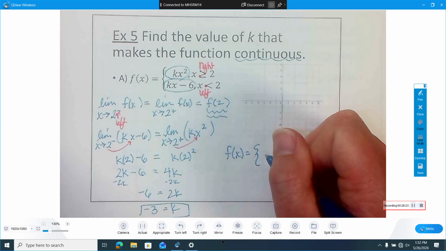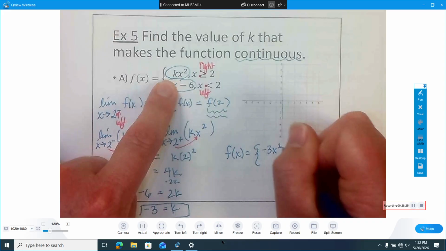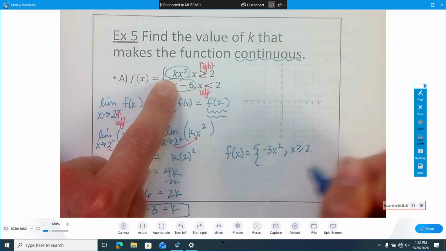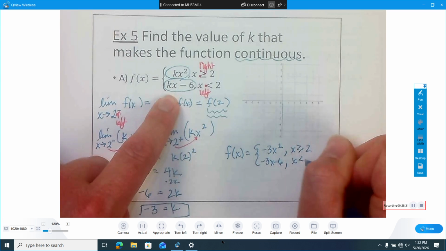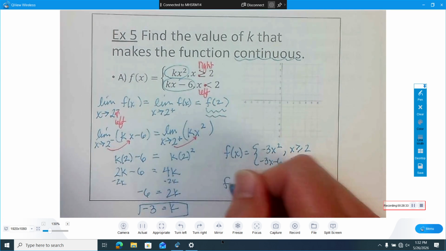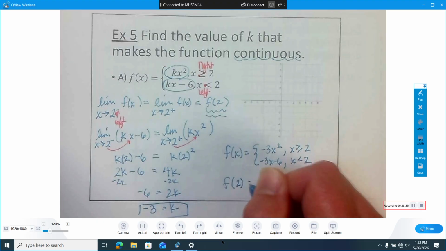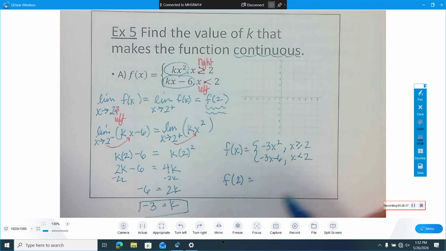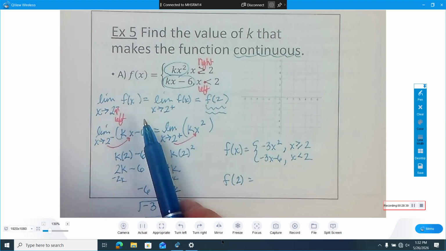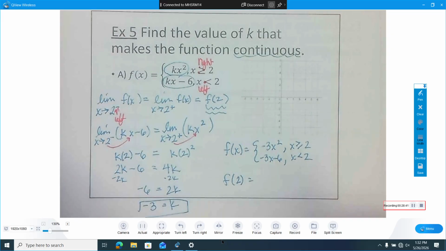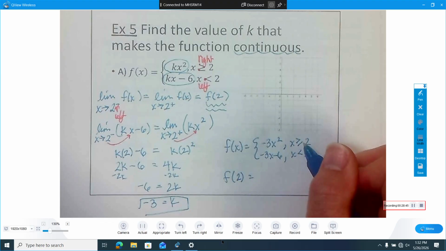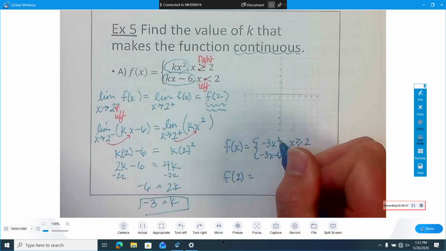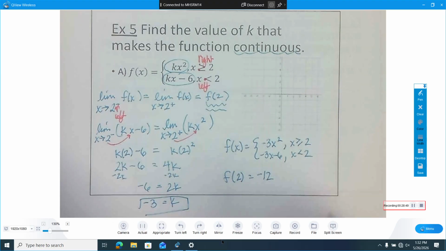I'm going to plug in my k value, so negative 3x squared, and negative 3x minus 6 when x is less than 2. And I want to go ahead and just find f of 2, and just make sure they should all match. F of 2, if I plug in my 2 here, 2 squared is 4 times 3 is negative 12.